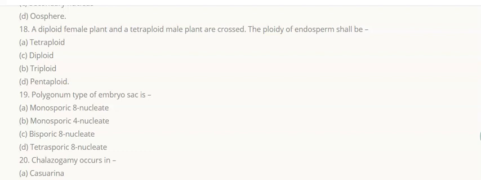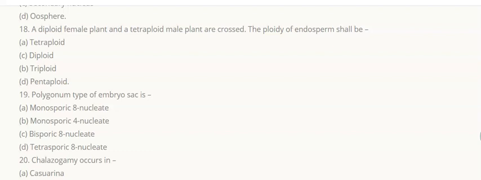A very tricky situation because two types of fertilization take place here. One is the formation of the seed and the second is the formation of endosperm. For endosperm, it is fusion of 2 polar nuclei with a male gamete. The male gamete is 1N.